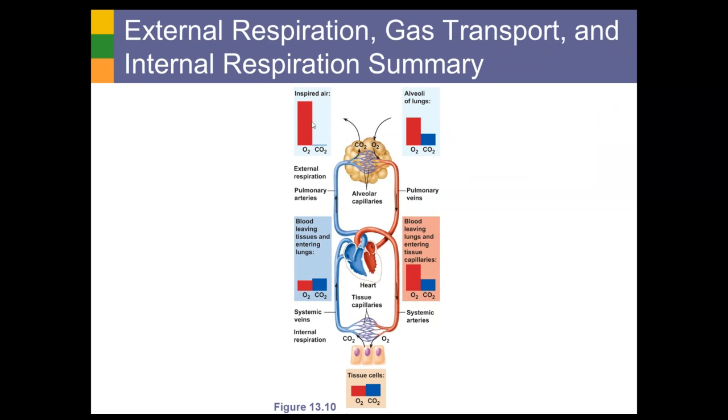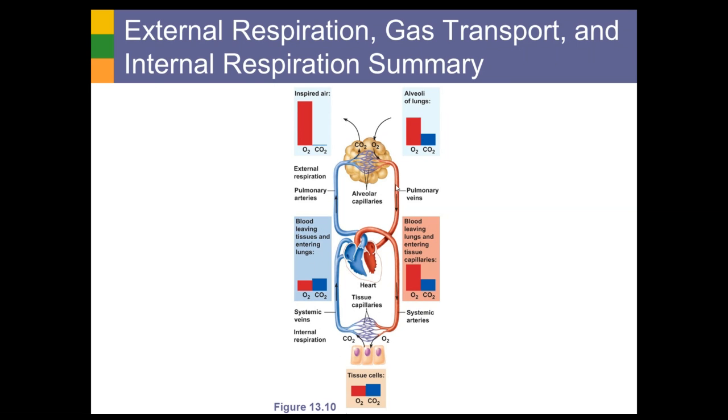So you can see that inspired air is many, many orders of magnitude greater in oxygen than carbon dioxide. Once it gets into our lungs, though, it drops considerably because we've got carbon dioxide being unloaded from the alveolar capillaries, right? So you can see the oxygen levels are about twice that of carbon dioxide.